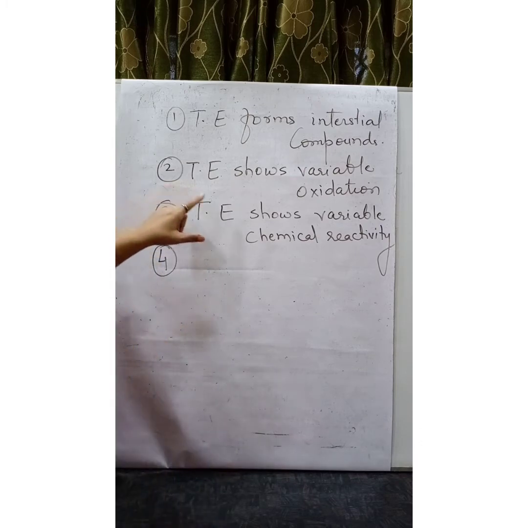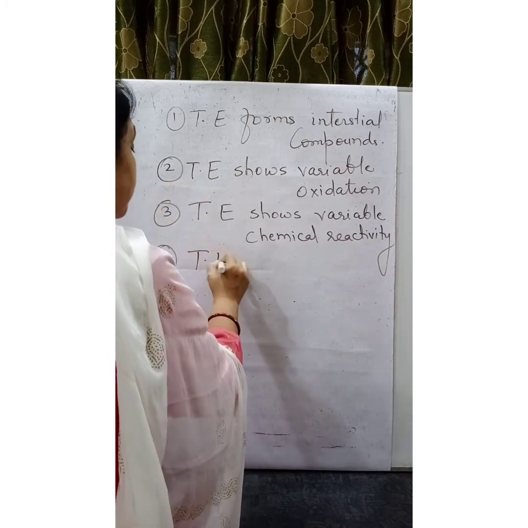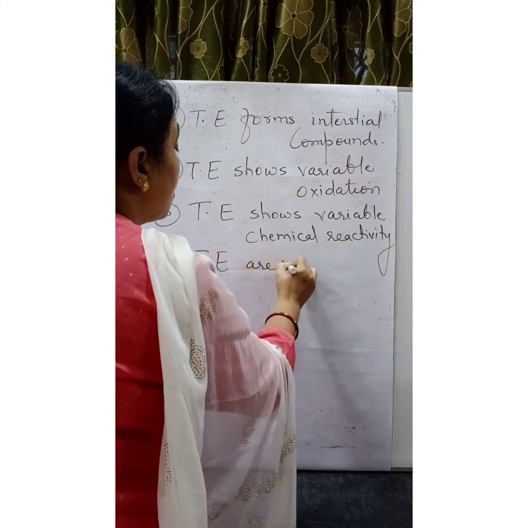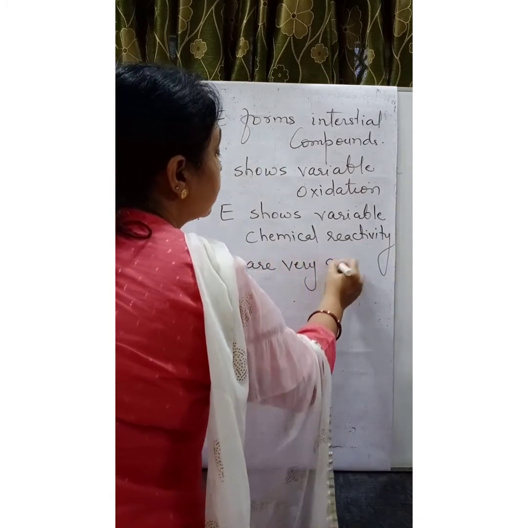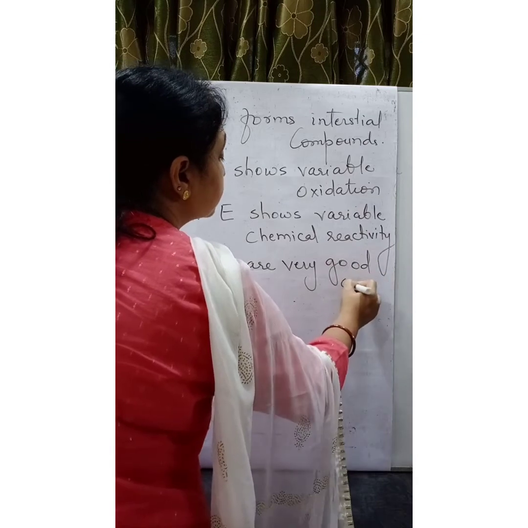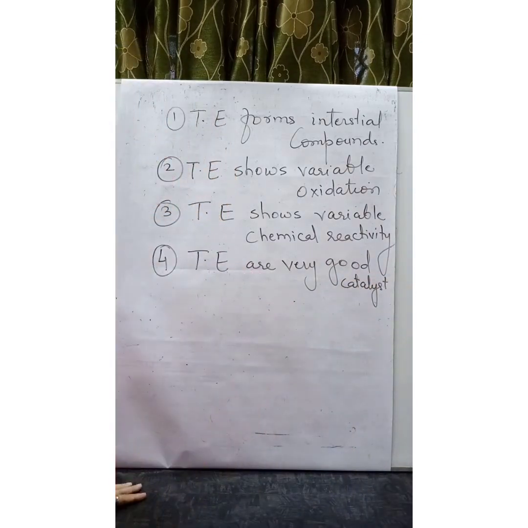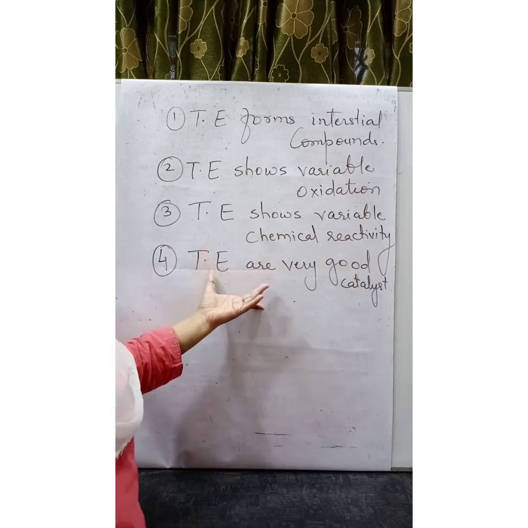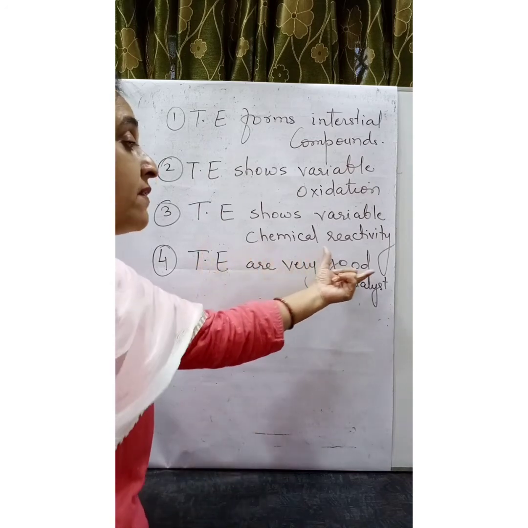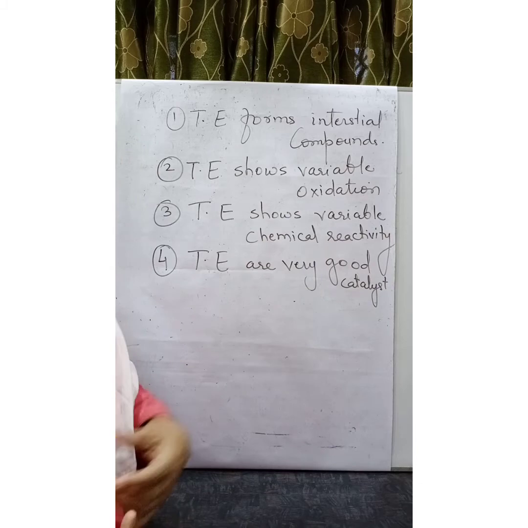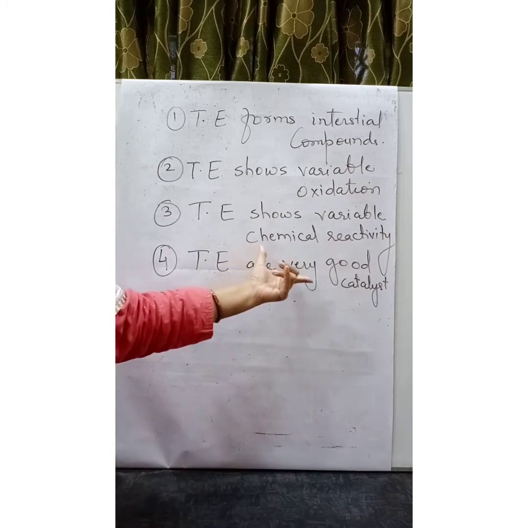The fourth characteristic of these transition elements is that they are very good catalysts. You will observe that most of the catalysts are transition elements. So they behave as very good catalysts. There are basically three reasons for this.